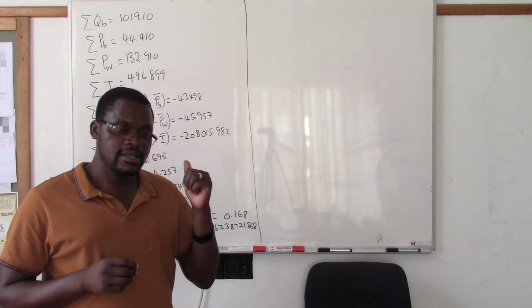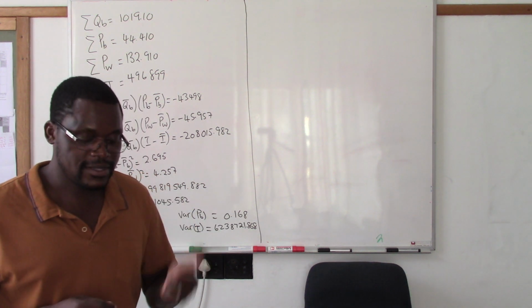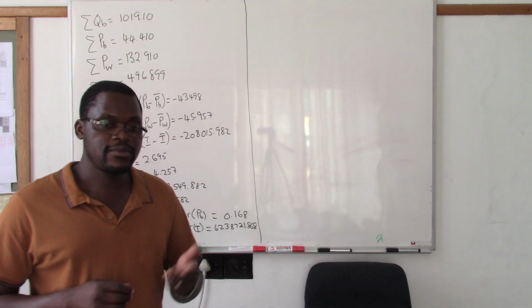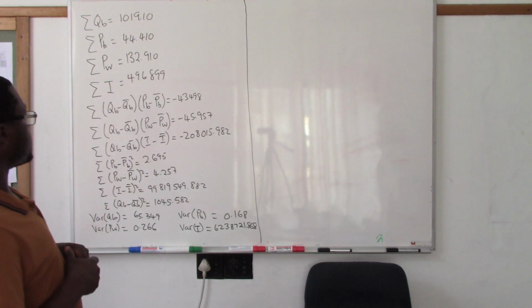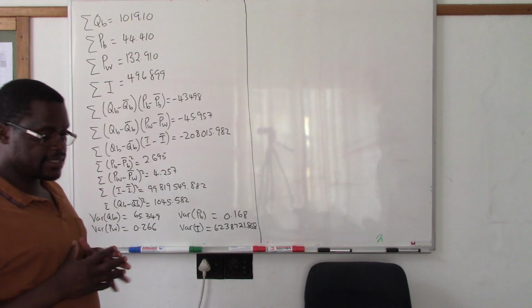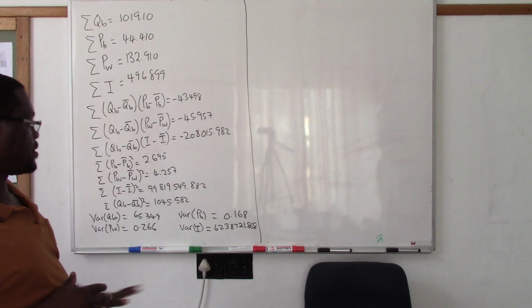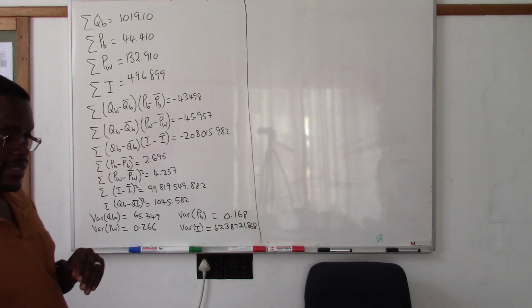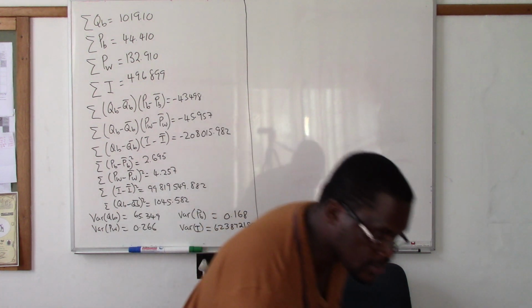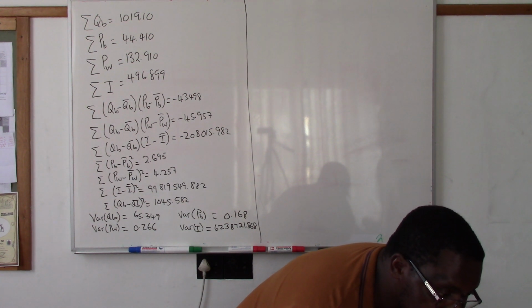There was quantity demanded for beer, price of beer, price of wine, and income. To save me time, I've already done these calculations which you should have done, so that I'll just start exactly where you need to do the answering of the questions.